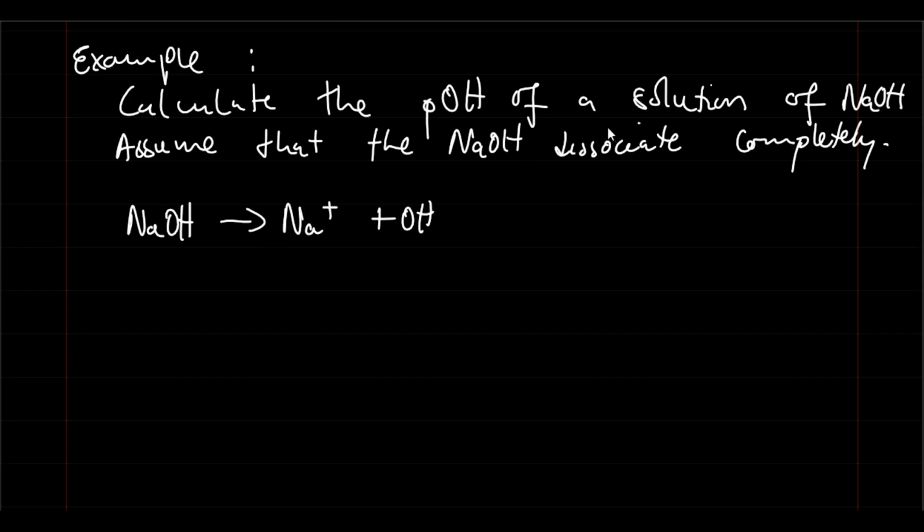So calculate the pOH of a solution of sodium hydroxide, if the concentration of sodium hydroxide is 0,53 mole per decimeter cube. This CNaOH is just the concentration of sodium hydroxide. It's not the concentration of hydroxide ion itself. This concentration, as I've been saying, is called the analytical concentration.